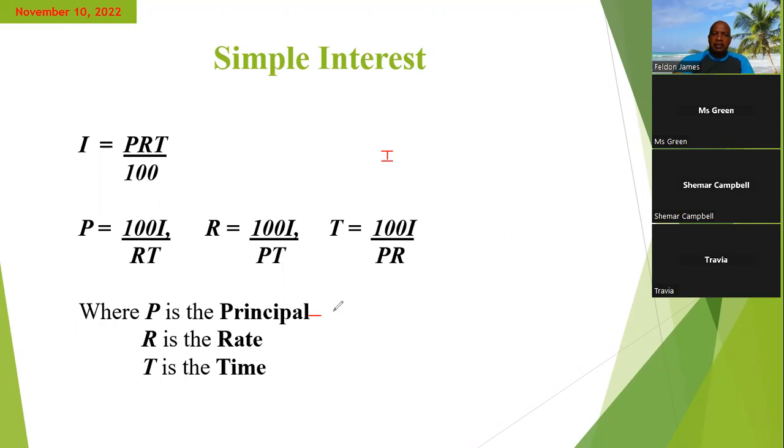All right, so as I was saying, the principal would be 5,000. And our rate would be 20%. And our time would be 2 years.